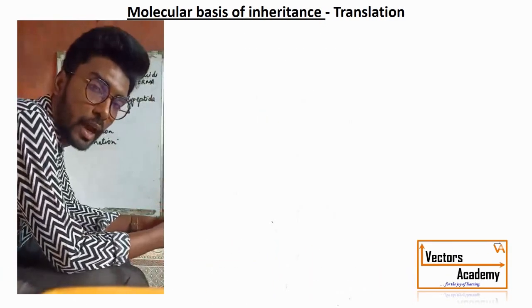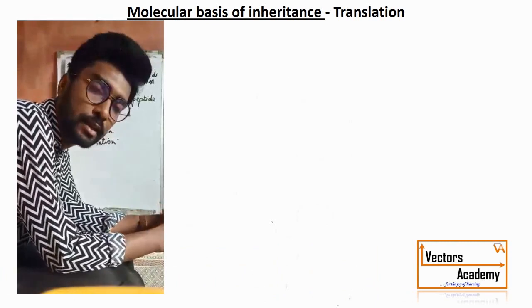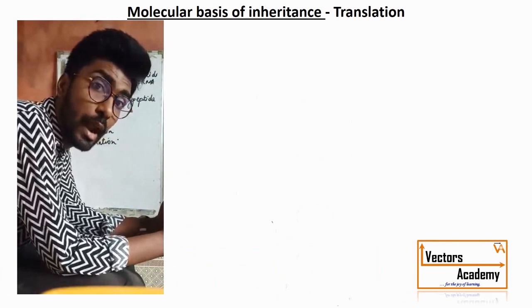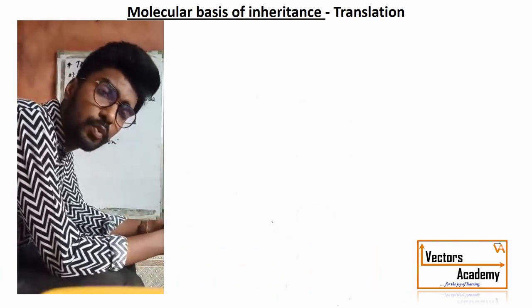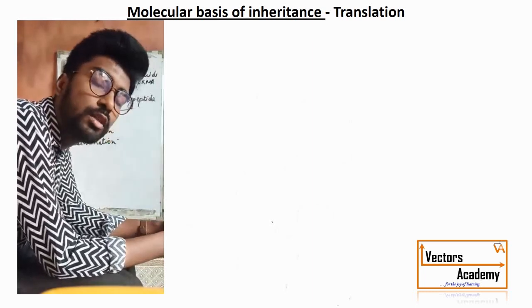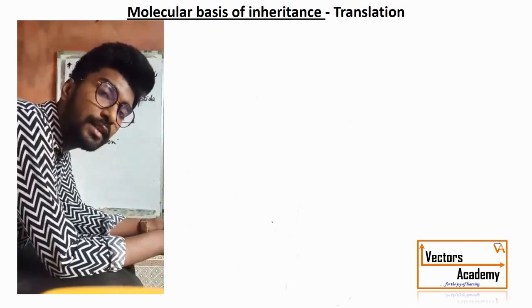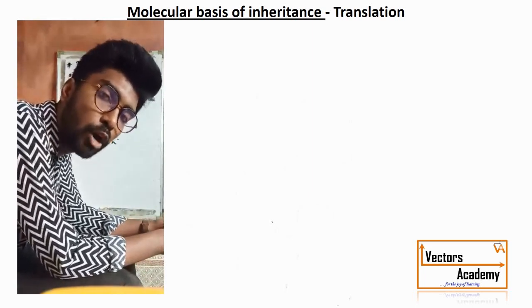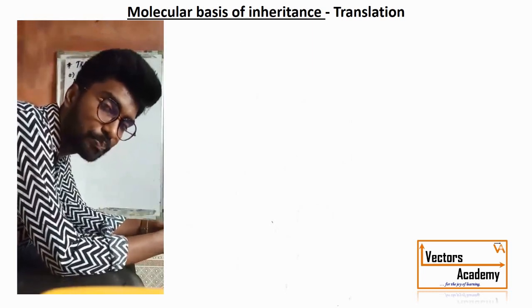Next topic is translation. As we discussed transcription, we are now going to discuss translation. Now, what is translation? The process where the sequence of the codons on the messenger RNA is read and utilized, and the amino acids so formed are linked with each other to form a long polypeptide chain, is generally called translation.